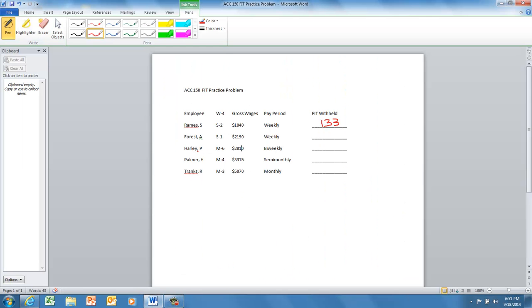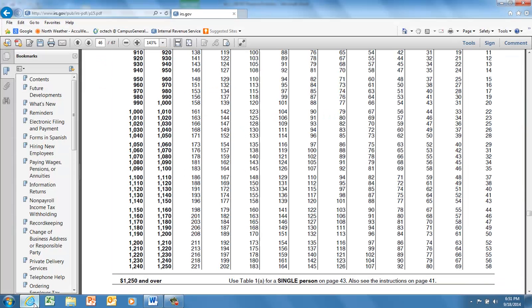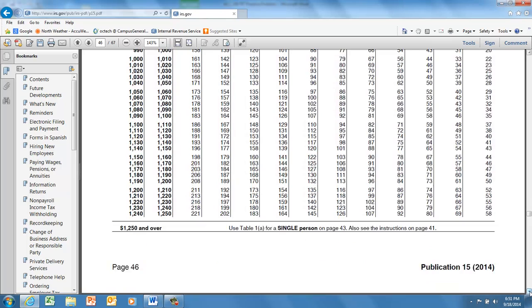The next one is P. Harley, and we have 2,810 on a bi-weekly basis with married this time and 6 withholding allowances. So 2,810 bi-weekly, married 6. First of all I have to find the bi-weekly.